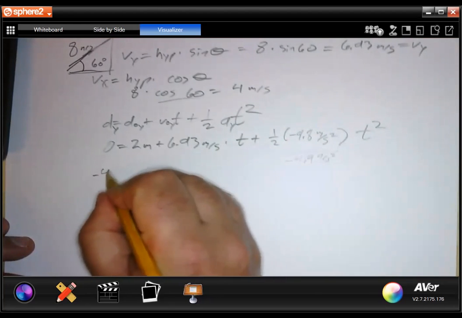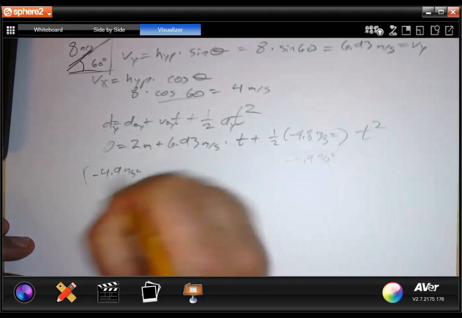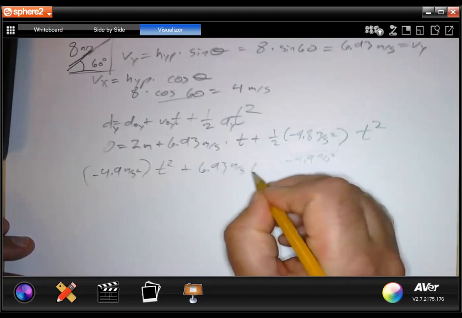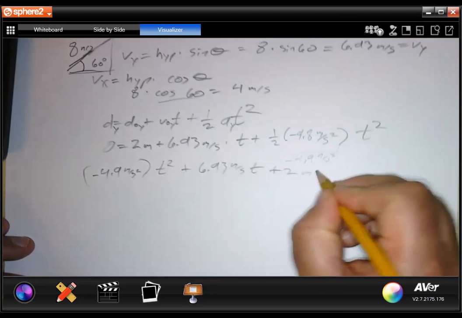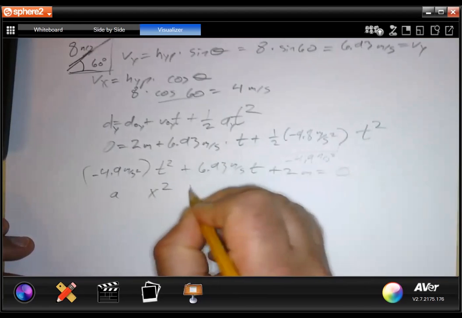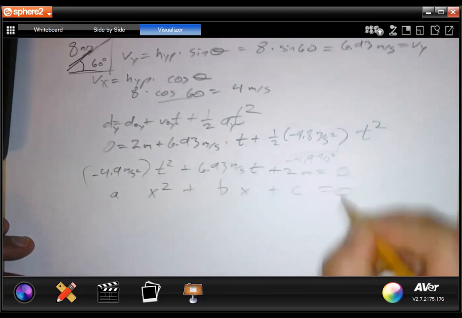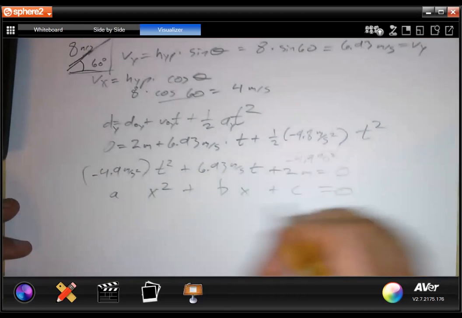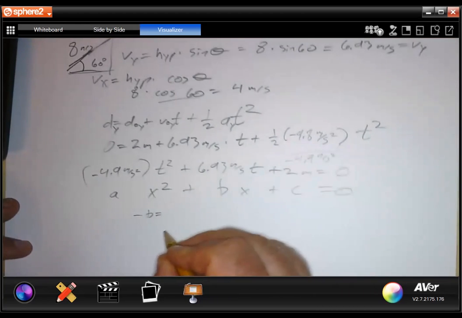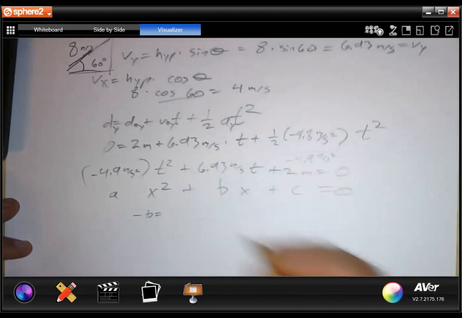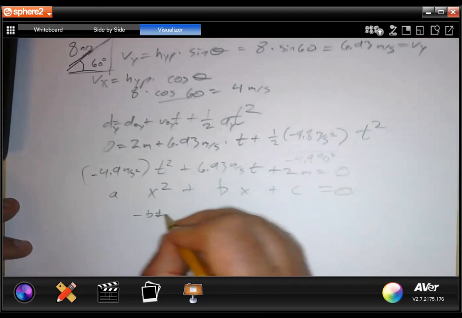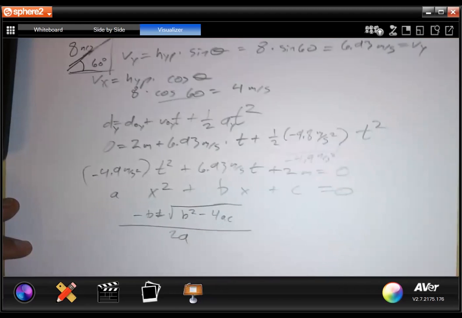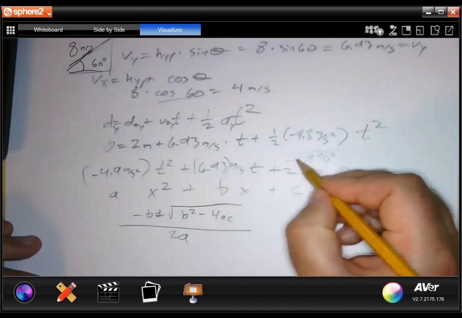If I rewrite this as negative 4.9, that looks a lot like the quadratic formula, where you can take those numbers and put them in, so I'll say plus or minus the square root of b squared minus 4ac, all over 2a.